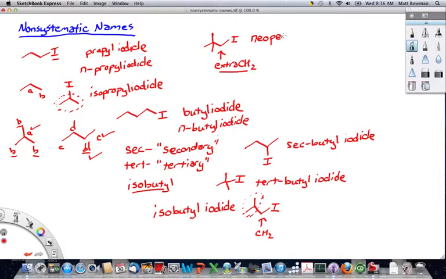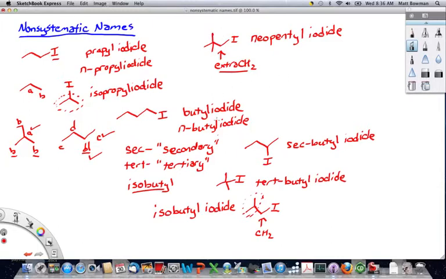This is the neopentyl group. This molecule is called neopentyl iodide. Neopentyl groups, such as neopentyl iodides, are amongst the most boring molecules out there because they virtually do nothing. They're very, very unreactive. So we'll get to these in a couple weeks or so.